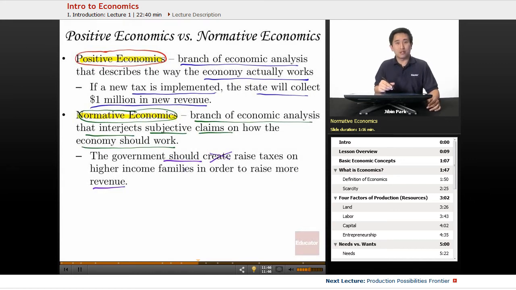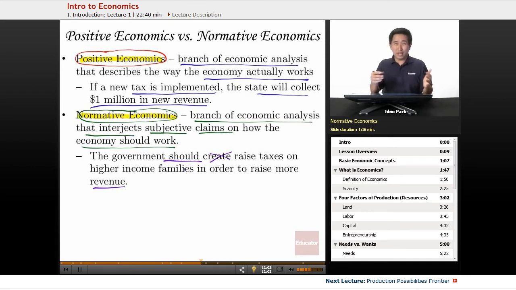Again, this is an opinion. It's subject to debate. So normative statements are where subjectivity is implemented in your decision making, whereas positive economics is more of an if-then scenario.